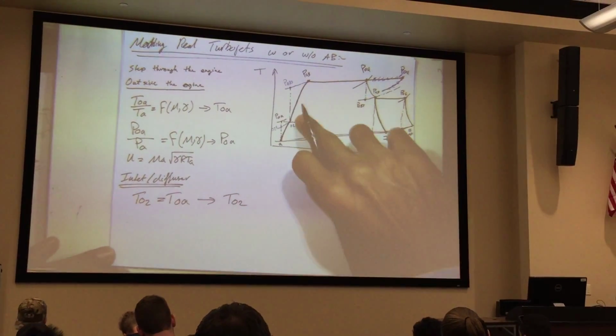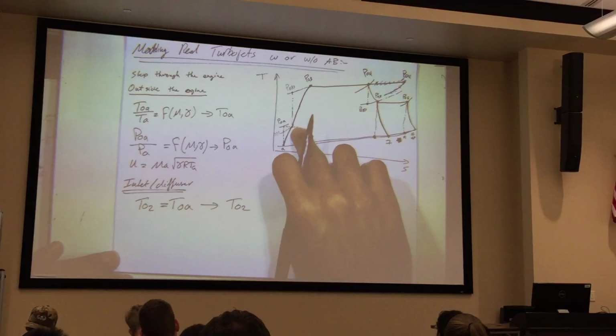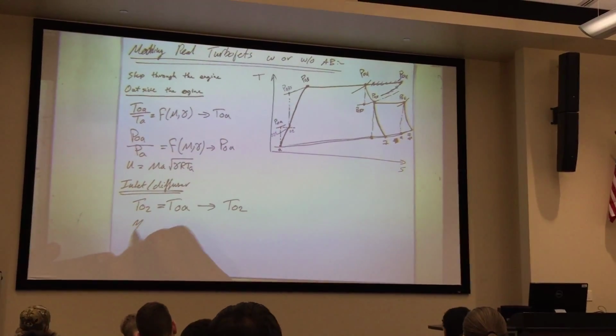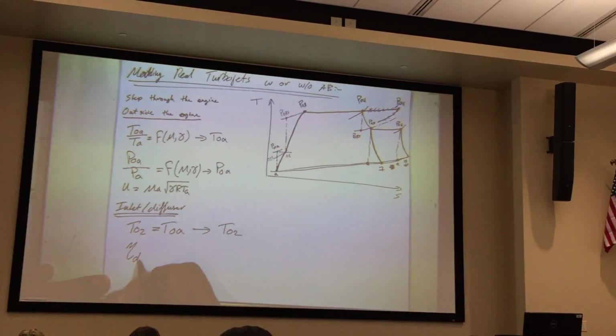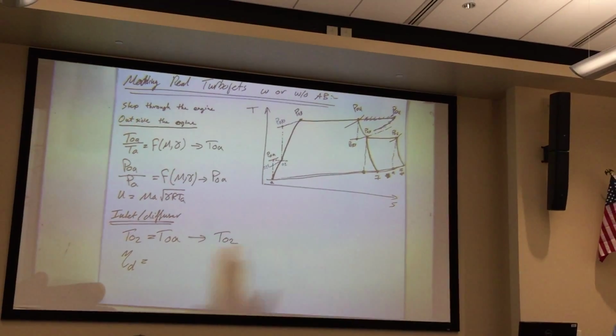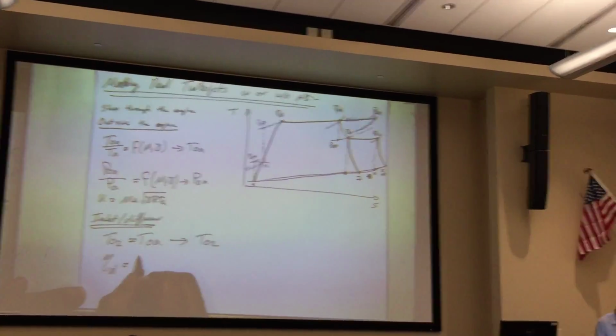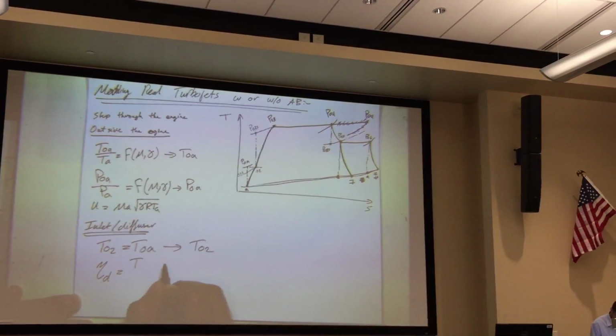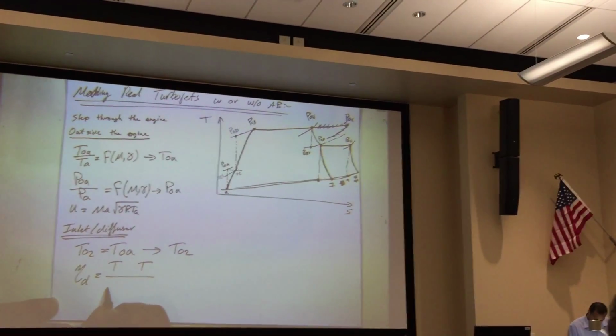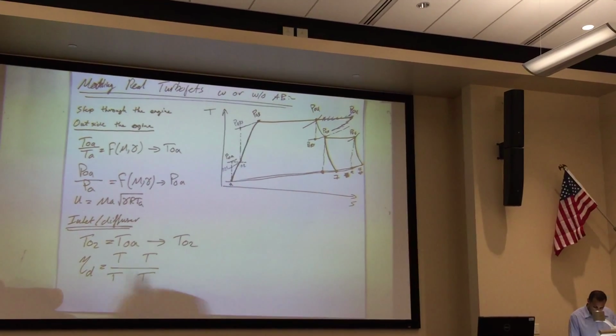Now, if I'm trying to dictate my efficiency loss right here, well, eta of the diffuser is equal to, and we've done this before, which over which? T. What am I supposed to put here?